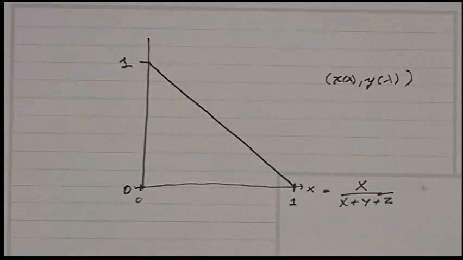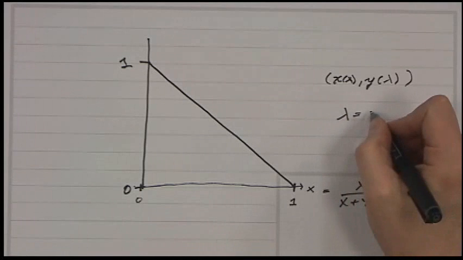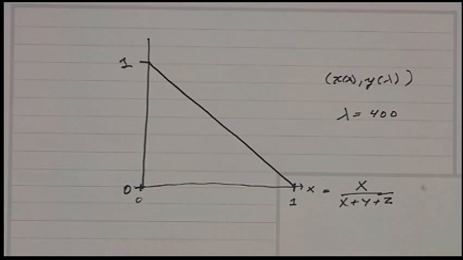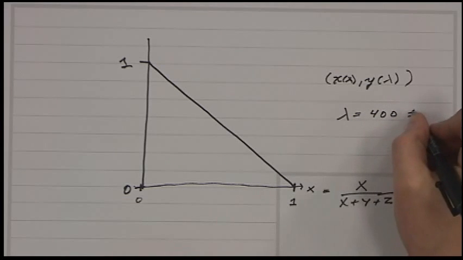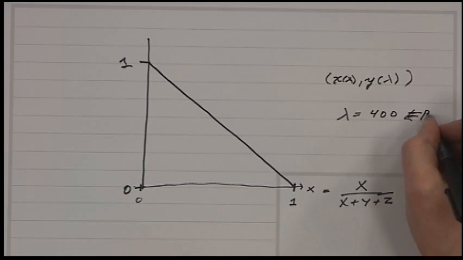Now, let's say I start at lambda equals 400 nanometers, okay? So that's short wavelengths, that's blue. Okay, is it blue? No, it's not blue, not really, but I'm going to call it blue because it's not green and it's not red, okay?